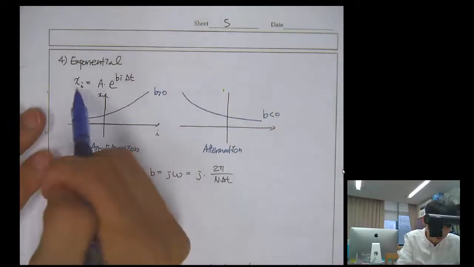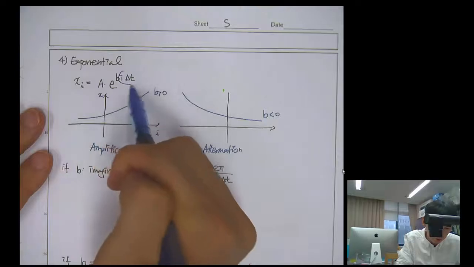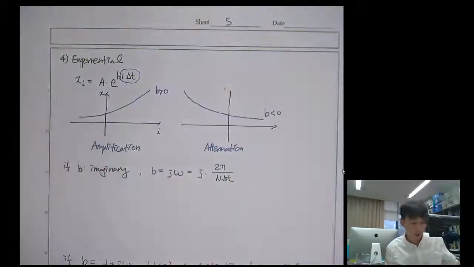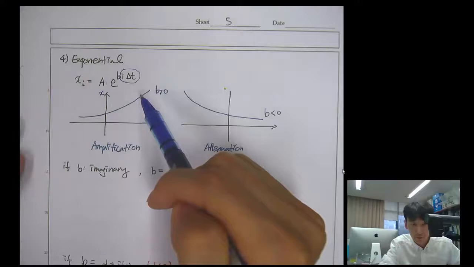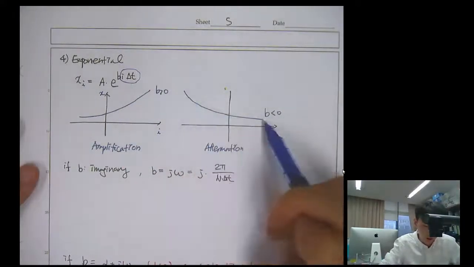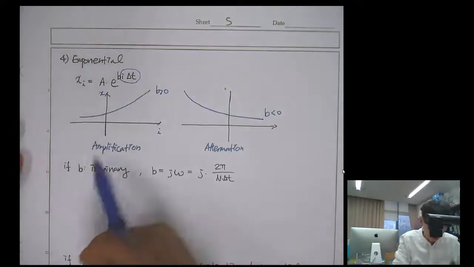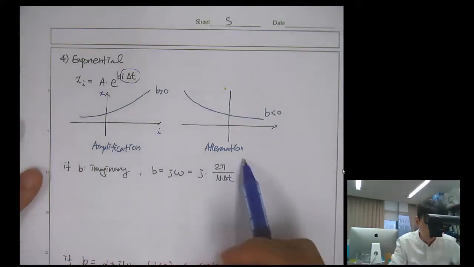Here b is the independent variable. When b is positive, it will increase with i. And if b is negative, it's going to decrease with i. This is called amplification, and this is called attenuation.